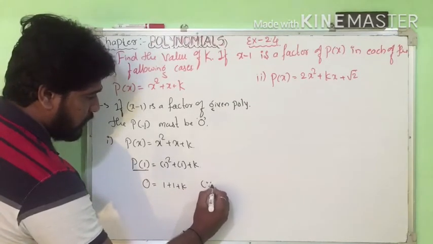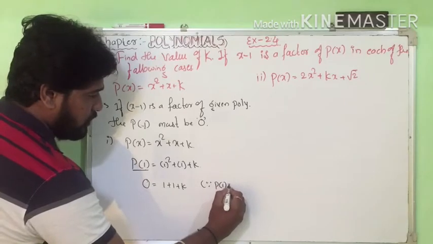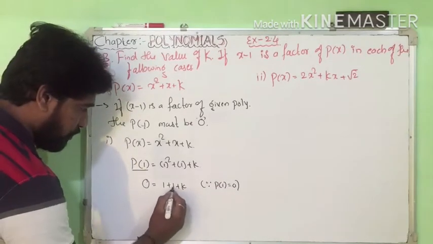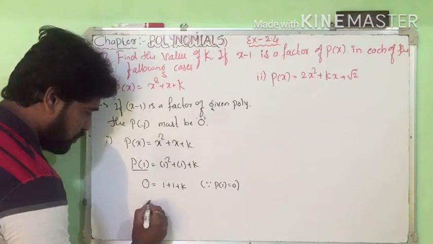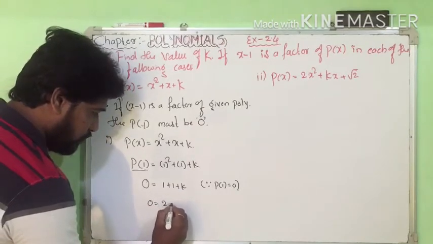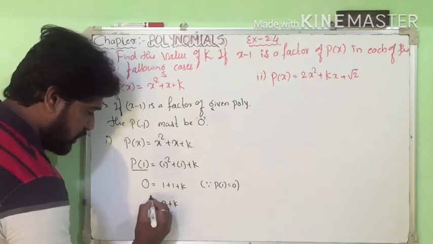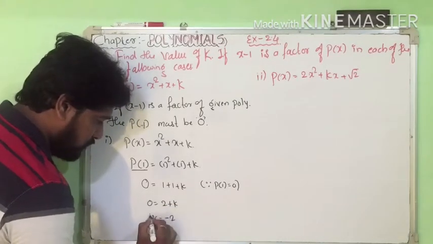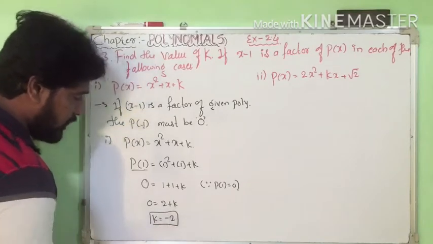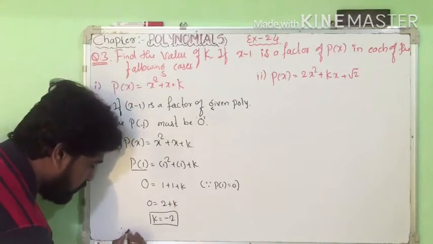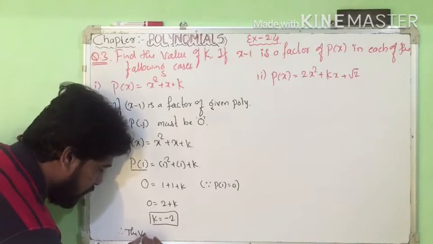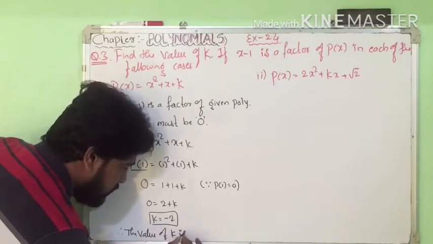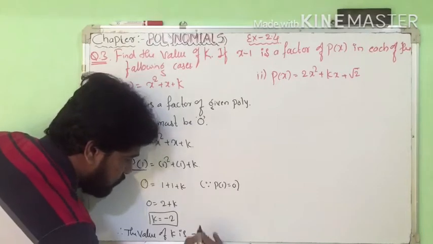So write down p of 1 is equal to 0 by the factor theorem. Then 1 plus 1 is 2, so 0 is equal to 2 plus k. 2 goes to the RHS and becomes minus, then k is equal to minus 2. Is it clear? Therefore, the value of k is minus 2.